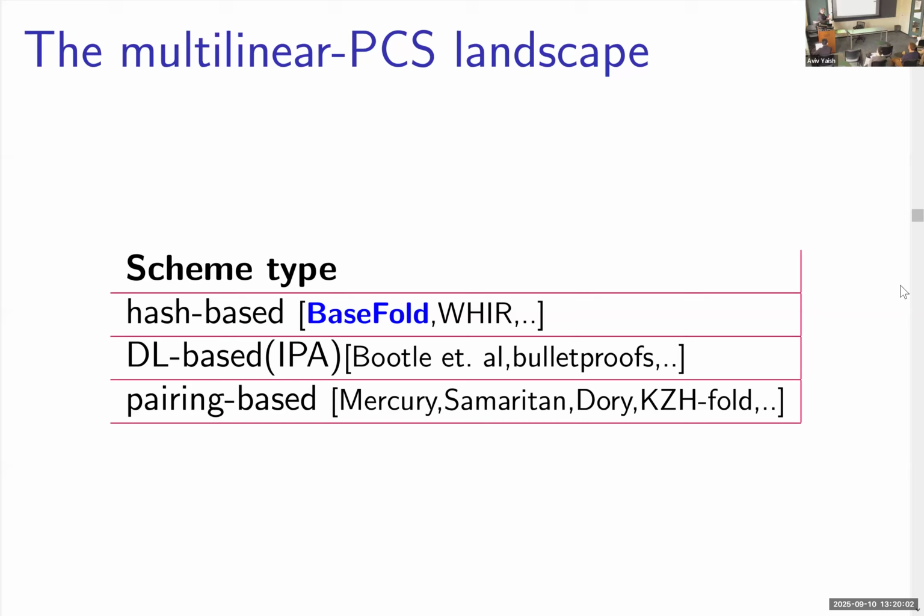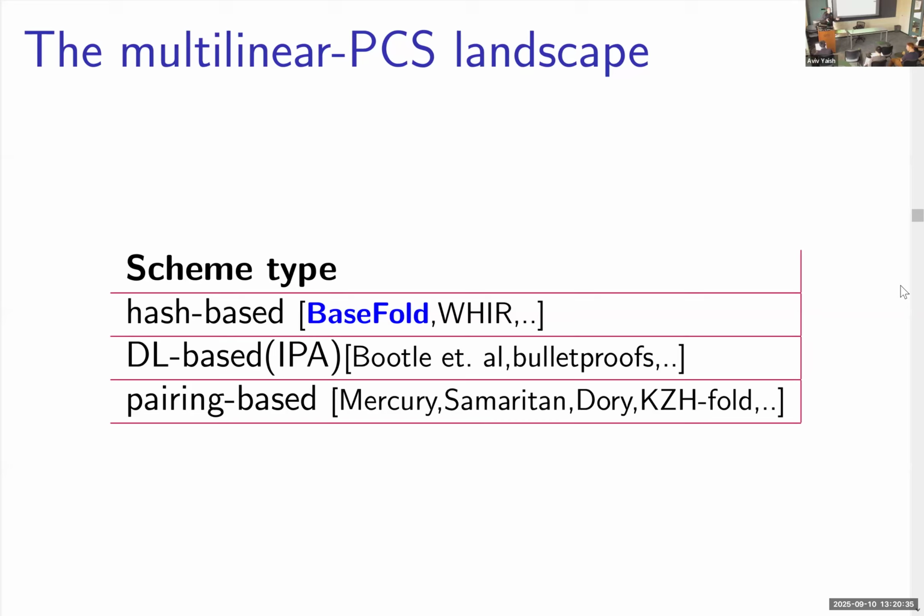So roughly, almost all schemes fall into these 3 categories. Hash-based, which roughly means we're not using any public crypto to construct the PCS. We're only using a hash function. Another setting is like we just talked about, discrete log.